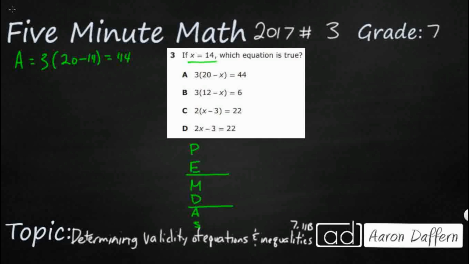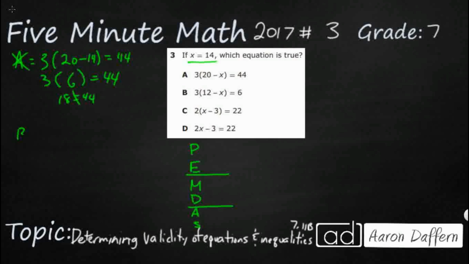All right, so we're going to start with the parentheses first. Within the parentheses, we've got the subtraction. So we're going to say 3 times 20 minus 14 is 6 equals 44. As you can see, that is not going to work. So that would be 18 equals 44. That is incorrect. So it's not A.